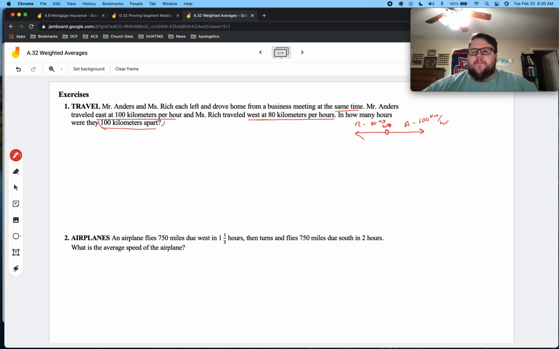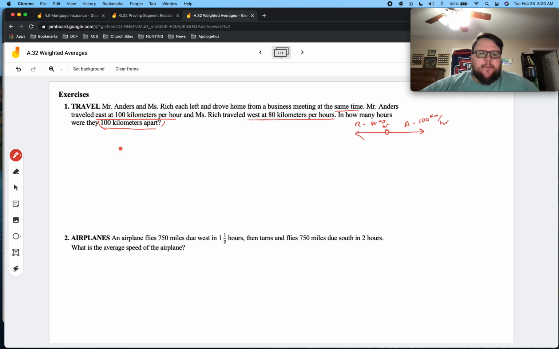So if Miss Rich is going to the left or west at 80 kilometers per hour and Mr. Anders is going to the right or east at 100 kilometers per hour, we add their rates and then we know how far apart they are.